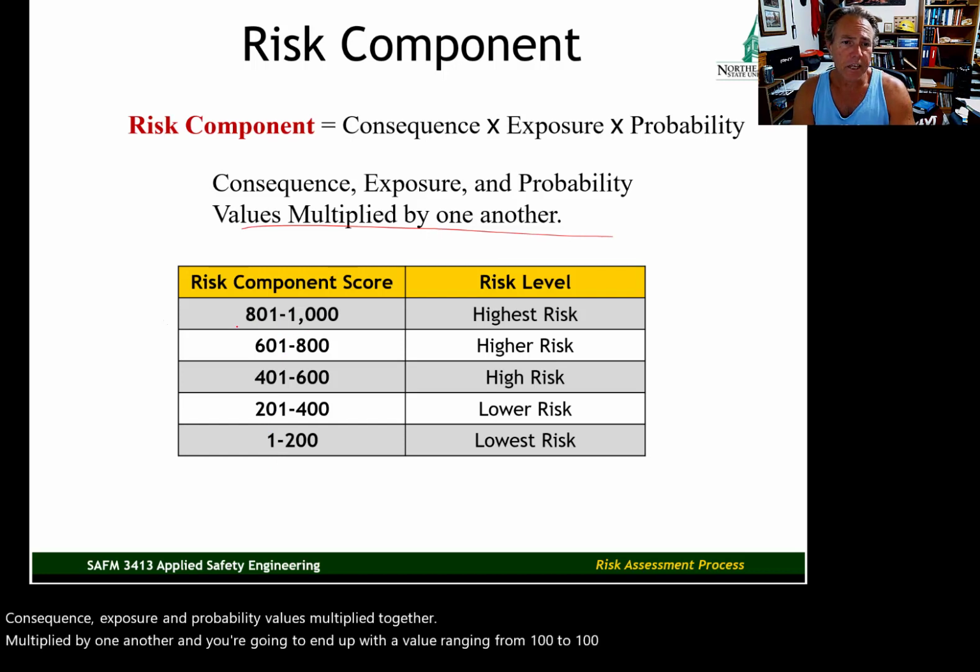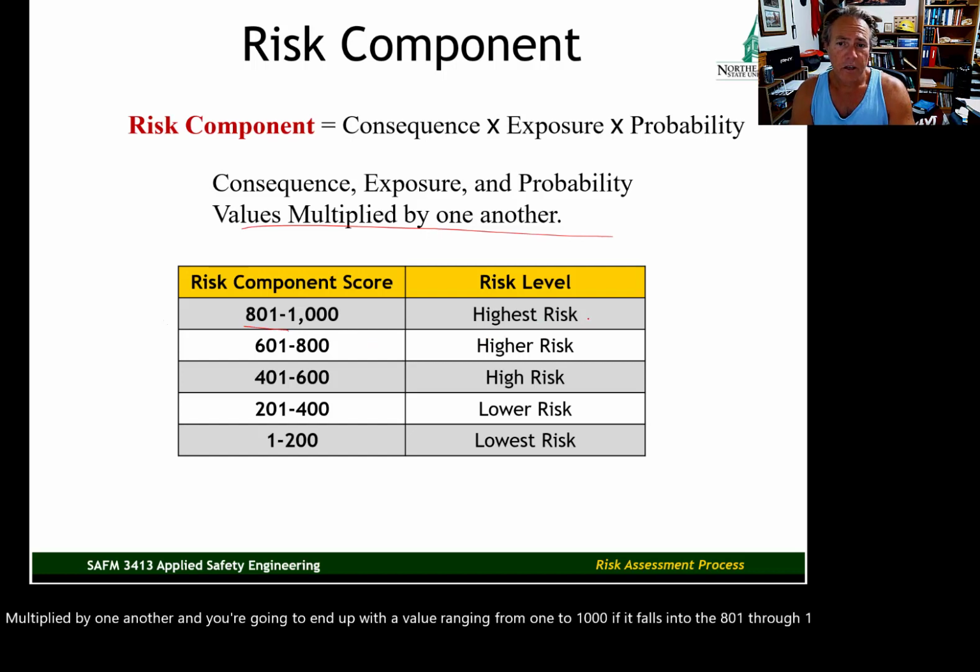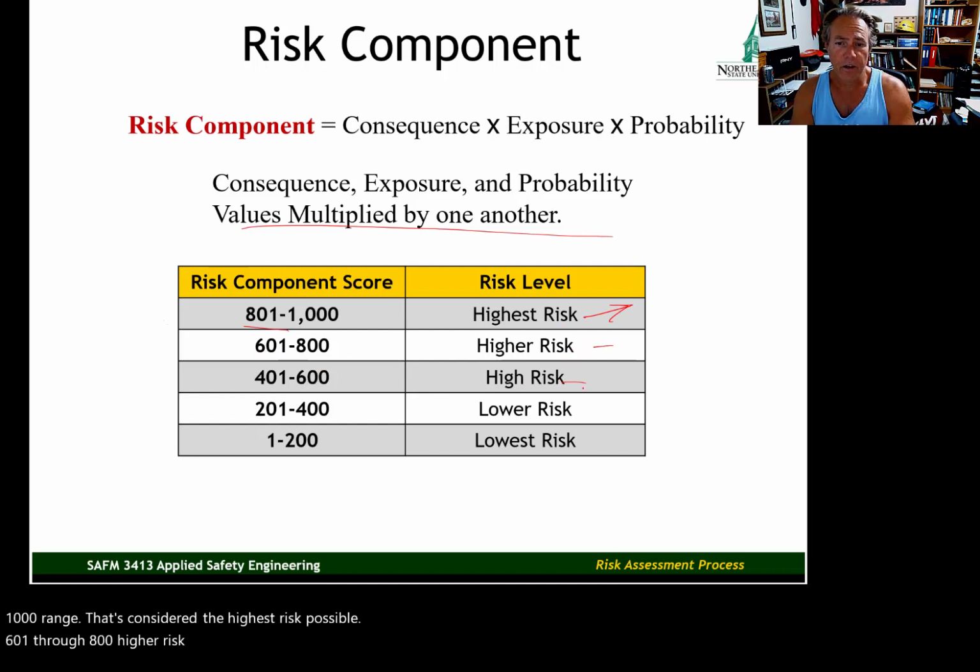If it falls into the 801 through 1,000 range, that's considered the highest risk possible. 601 through 800, higher risk. 401 to 600, high risk, and so on.